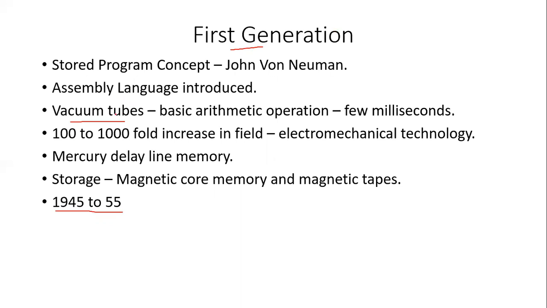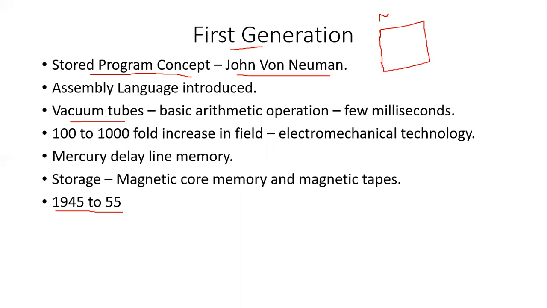And along with these computers, the stored program concept was introduced. So what is meant by stored program concept? The stored program concept was introduced by John von Neumann, and it is the concept of storing program and data in the same memory.